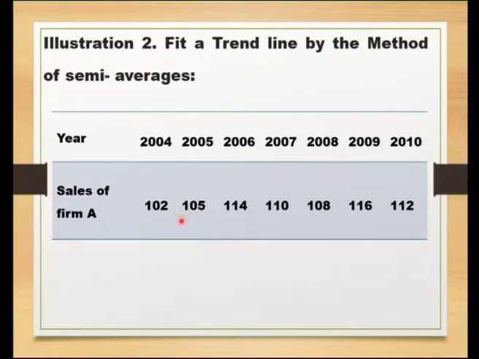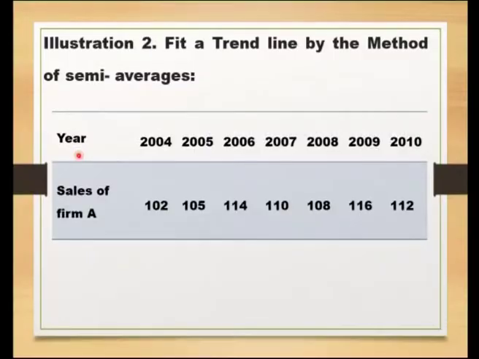One example has been already worked out for calculating the trend line by freehand method. So, this is the second example wherein we fit a trend line by the method of semi-averages. Fit a trend line in the sense of calculating trend values by the method of semi-averages. The years have been given from 2004 to 2010.